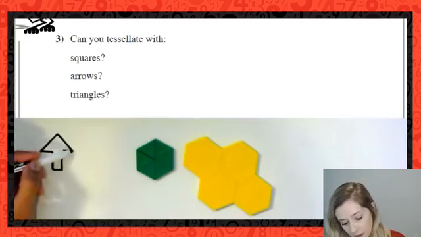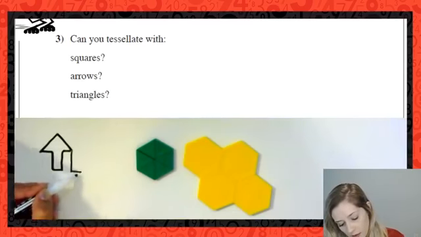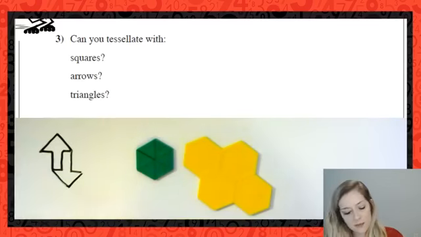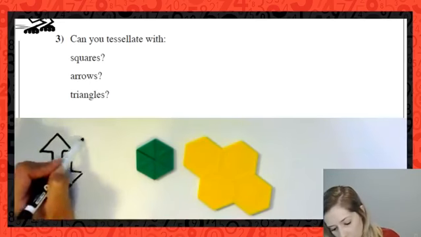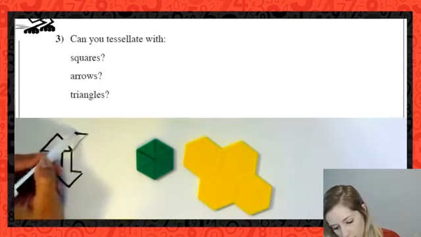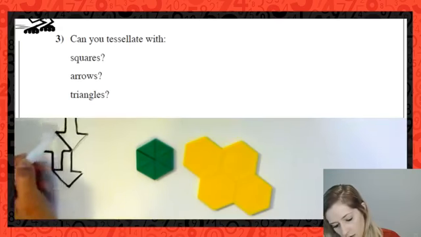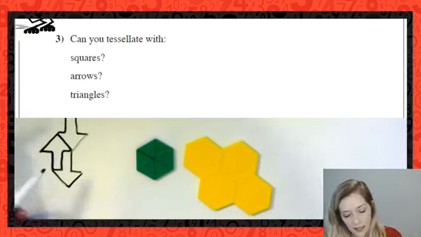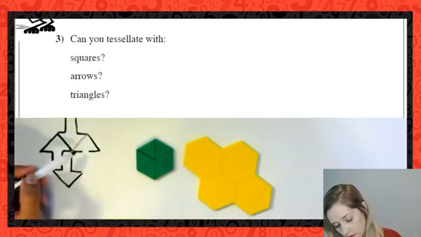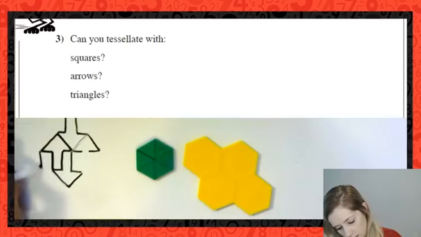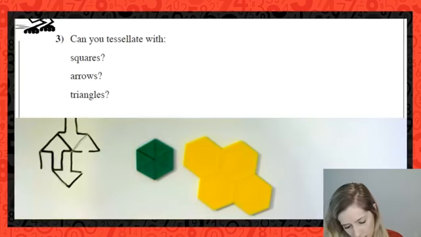So maybe I could draw the next one like this. Okay. And then it looks like maybe one could fit in here. And then maybe I could fill one in here. Possibly. Let's do this one first. No. So maybe I couldn't.